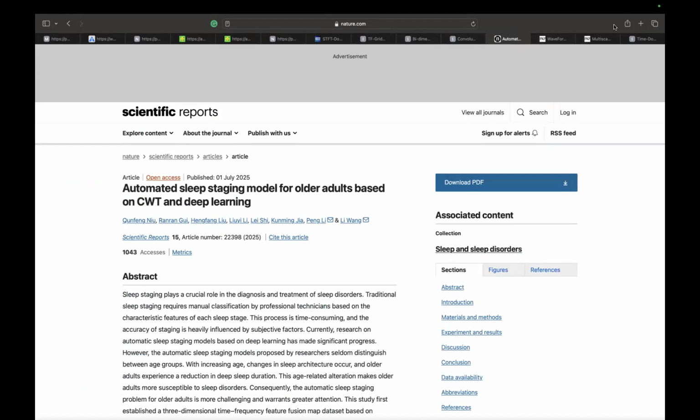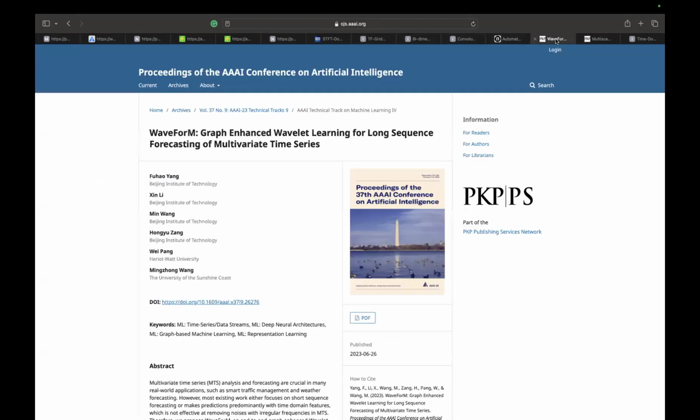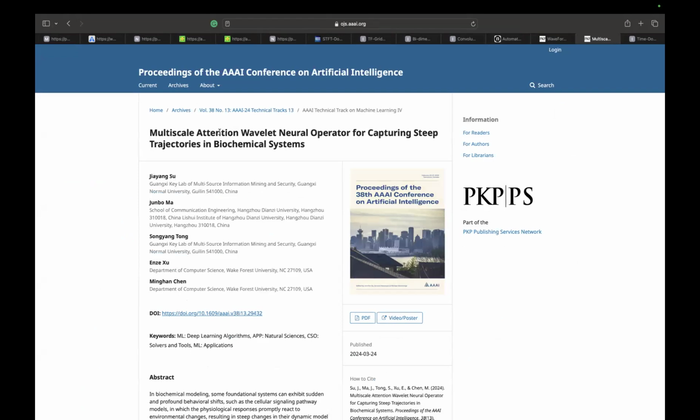Discrete wavelet transform is a bit more interesting. So it's being used in other ways as well. This is a very interesting paper. This is attention wavelet neural operator. So they have kind of embedded the discrete wavelet transform inside the layers of a neural network.